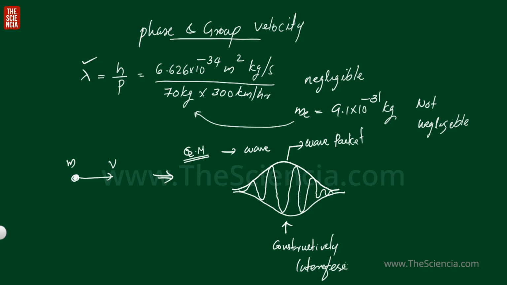So we can see the wave packet here, and where the particle is not present, at this position and this position, these waves destructively interfere. The velocity of this wave packet is called the group velocity, Vg, and the velocity of individual waves inside the wave packet is called the phase velocity, Vp.